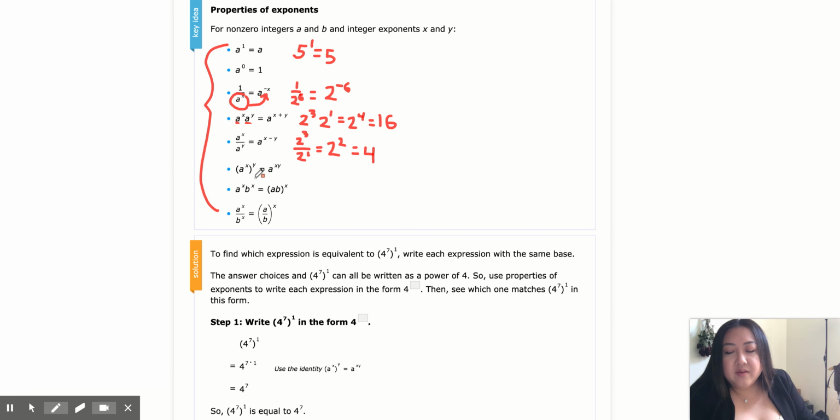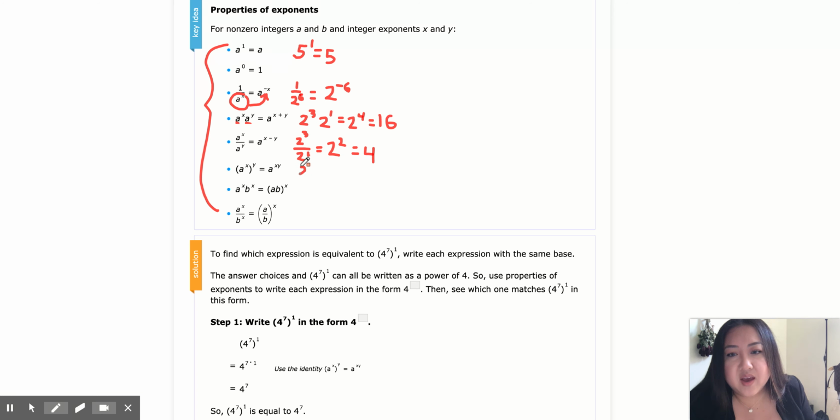Next, we have the exponential number to a certain power. If that's the case, then you have to multiply the powers.